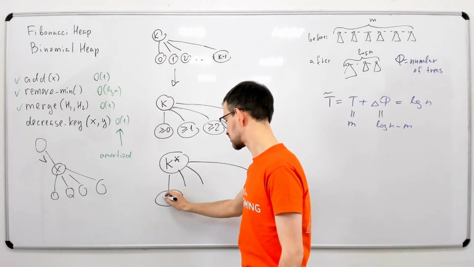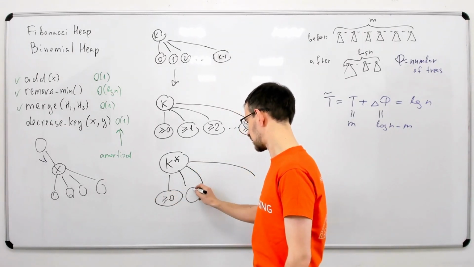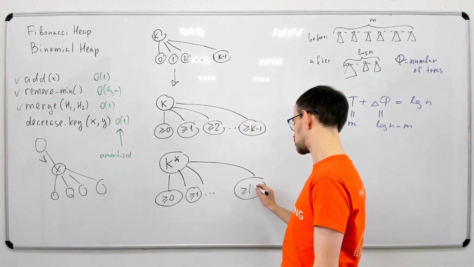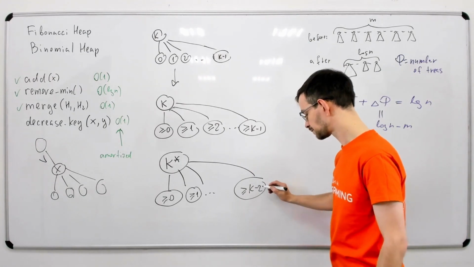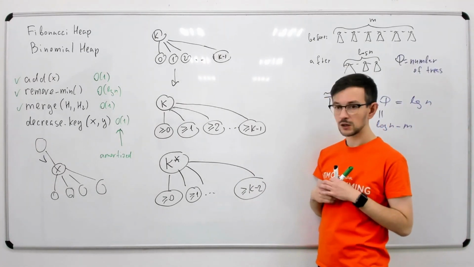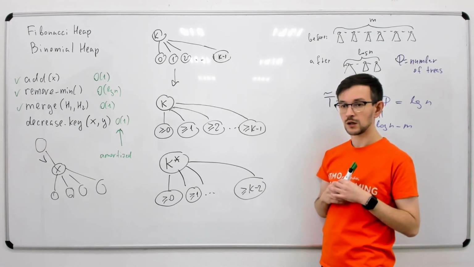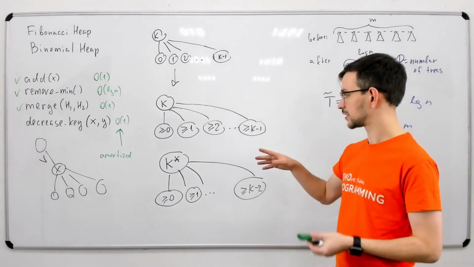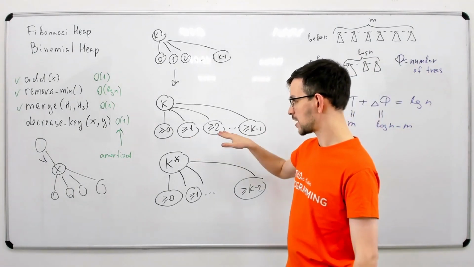And these children have ranks at least 0, at least 1, and so on, at least k minus 2. Yes, two children may have the same rank. Ranks of the children may be the same.